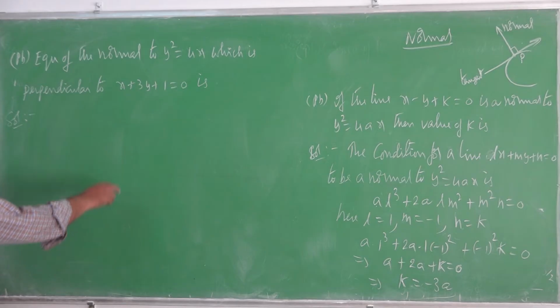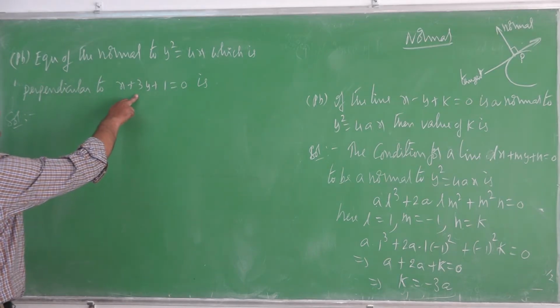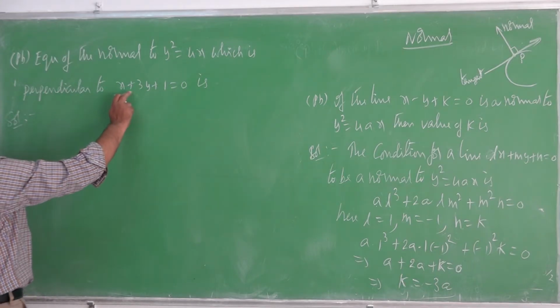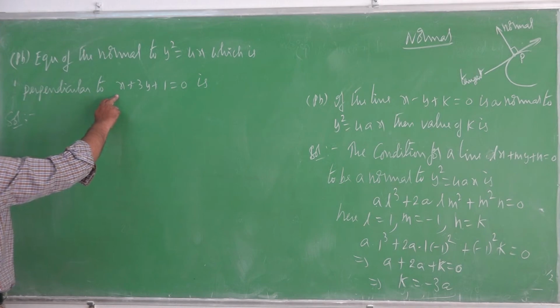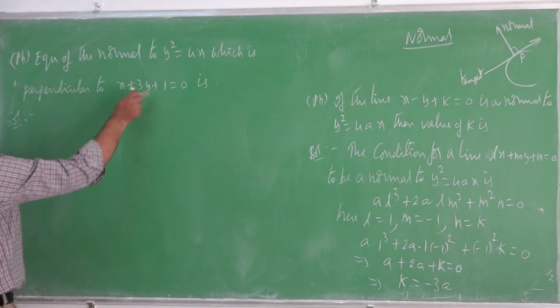See here, the required normal is perpendicular to this line. Okay, what is the line perpendicular to this line? Right, what is the given line here? x plus 3y plus 1 is equal to 0.